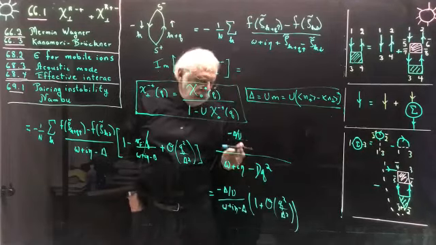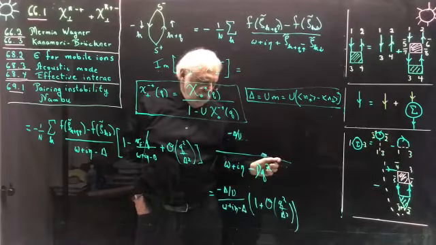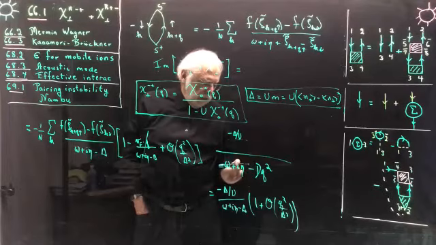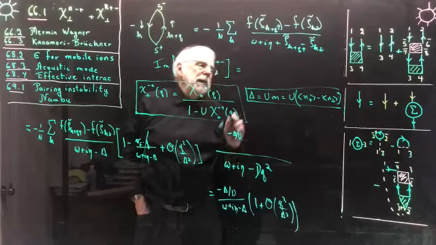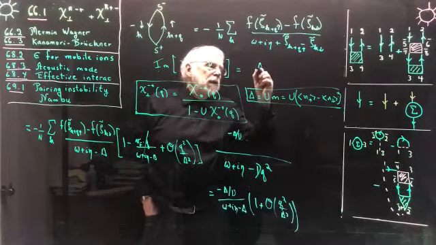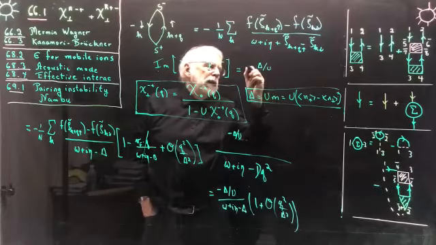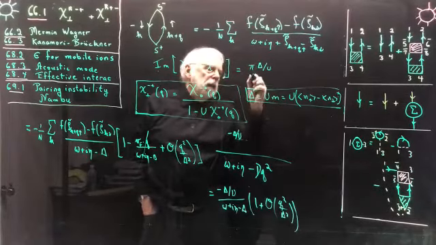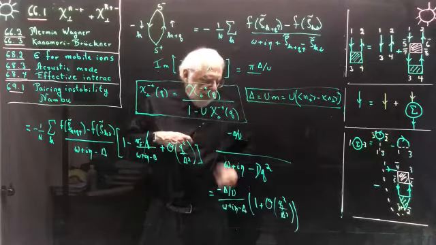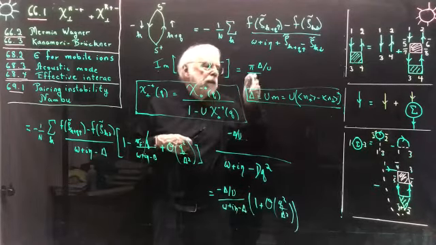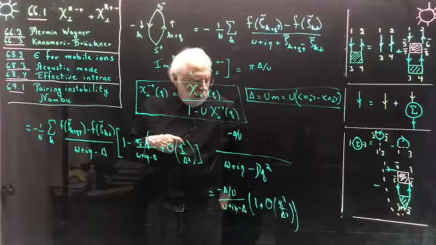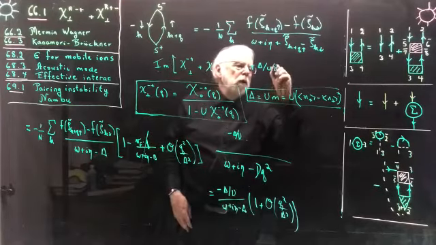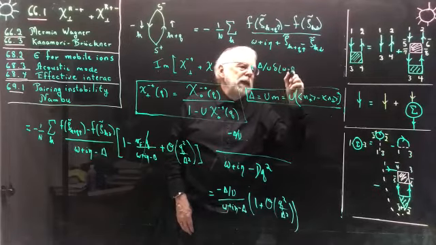When I use the Sokhotski-Weierstrass formula to take the imaginary part here, that gives a delta function. The minus will cancel. So I get delta over U times pi times delta function of omega minus dq squared.